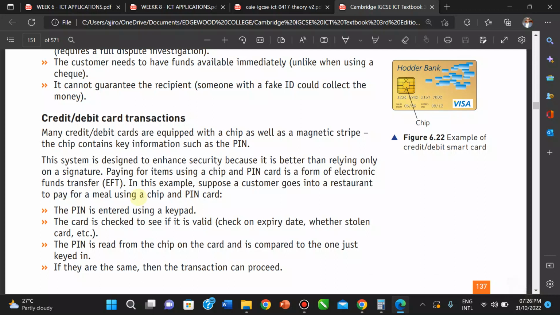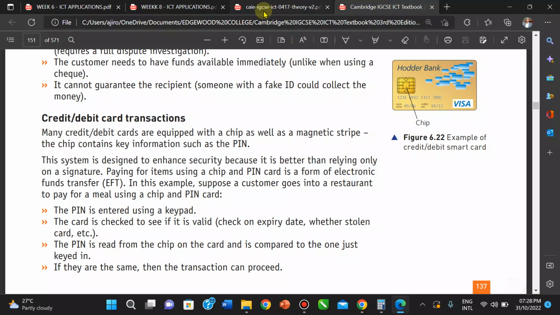The PIN is very, very important. Now this system is designed to enhance security. The security talks about, for example, when you want to transfer money from the merchant bank to the customer bank, the process in which it goes.